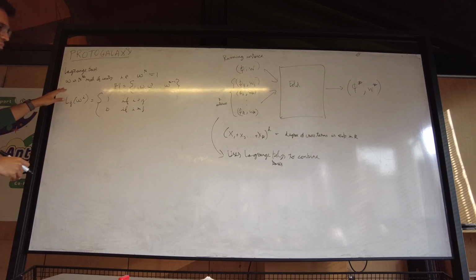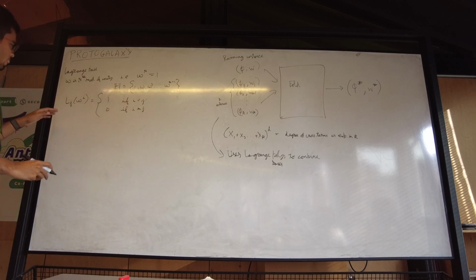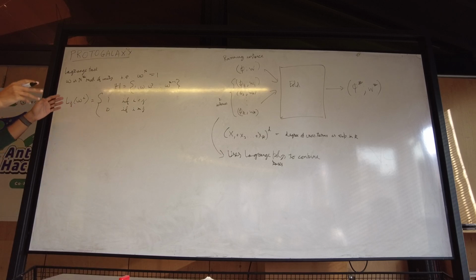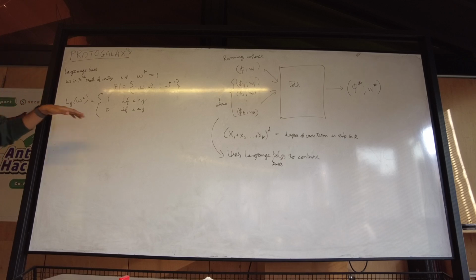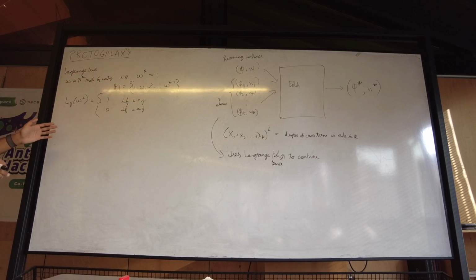So if you're trying to combine things using Lagrange bases, you can see that it's creating some kind of separation between all of the terms, right? Because the coefficients are Lagrange bases, when you're combining all these instances in ProtoGalaxy, you can combine them in a way in which the degree of the cross terms doesn't explode.